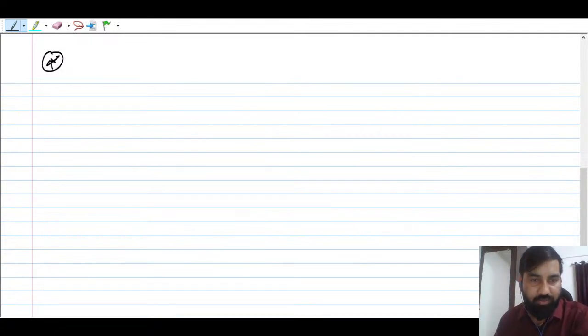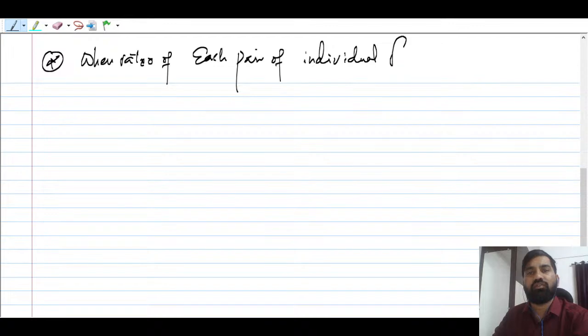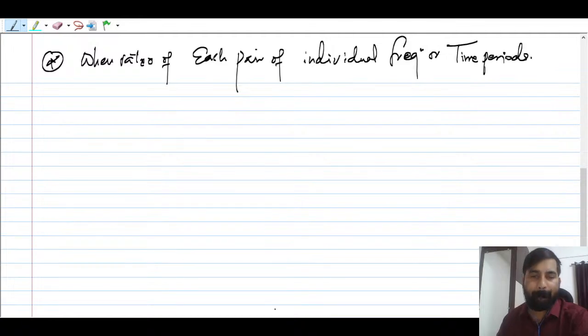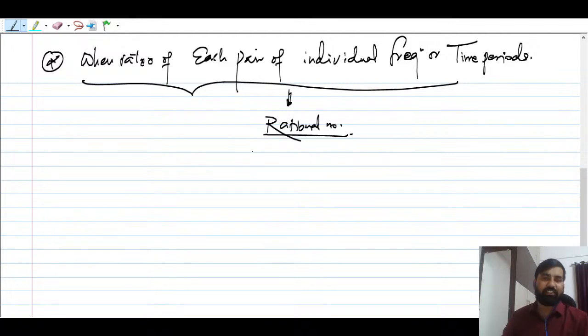So when the ratio of each pair of individual frequencies, or you can say time periods, comes out to be a rational number, then you can say that the signal is periodic.